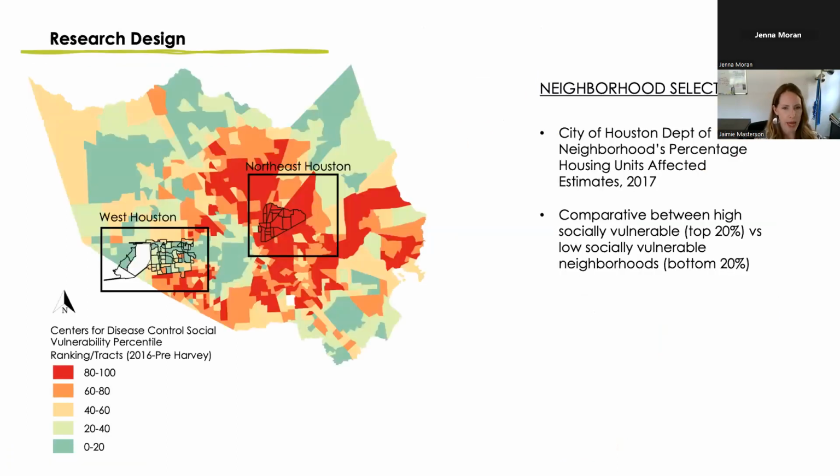So here is a map of Harris County, and Harris County essentially is where Houston is. Houston kind of engulfs almost the entire county there and beyond. But this is looking at social vulnerability. So she used the Center for Disease Control. They have specific metrics that they look at in terms of poverty levels, age, race and ethnicity, as well as, I believe, single parent households and folks with children under the age of 5.